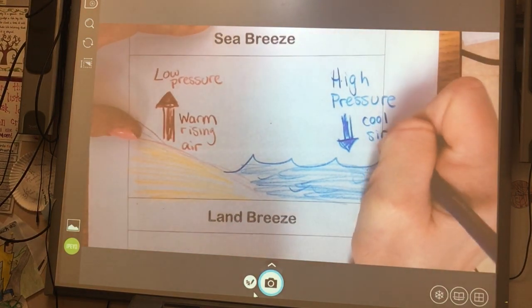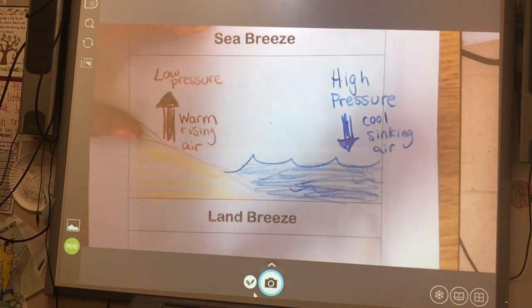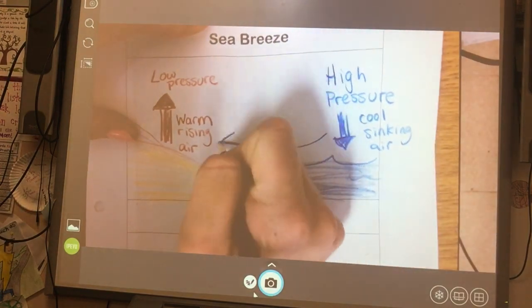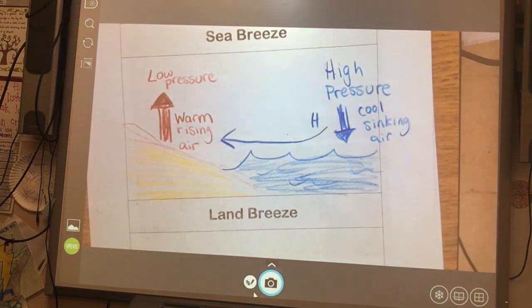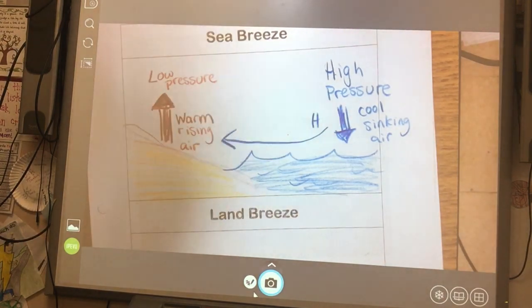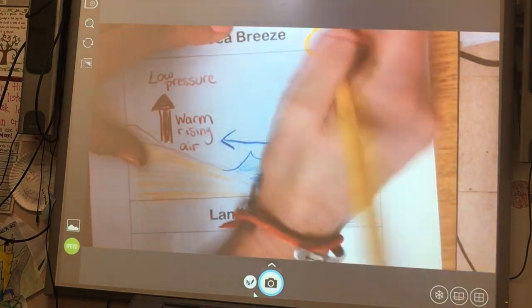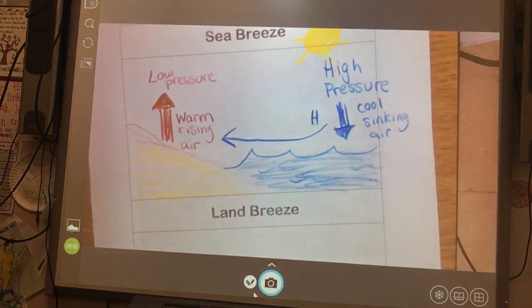Cool sinking air. Since wind will flow from high to low, that sea breeze comes in towards the land. And remember, this happens during the daytime, okay?